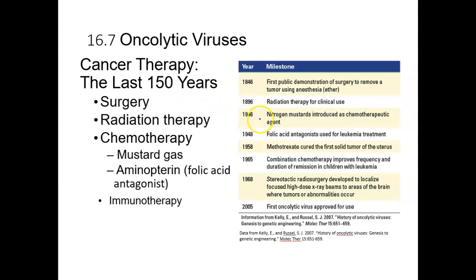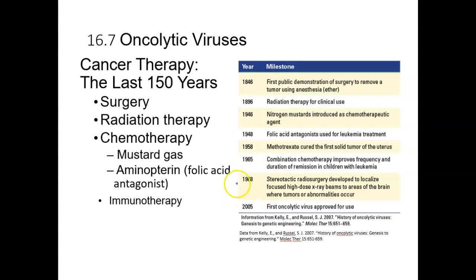So the nitrogen mustards, essentially using mustard gas, using toxic chemicals in cancer therapy for a long time, using radiation, which we don't use mustard gas anymore, but we still use radiation, though we fine-tuned it.